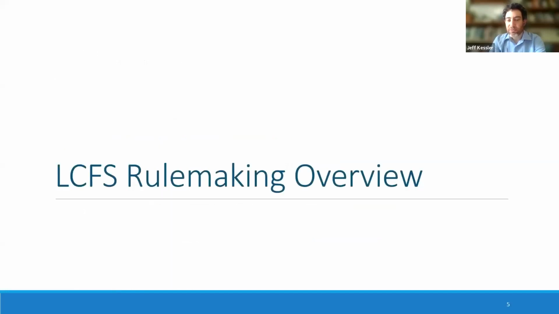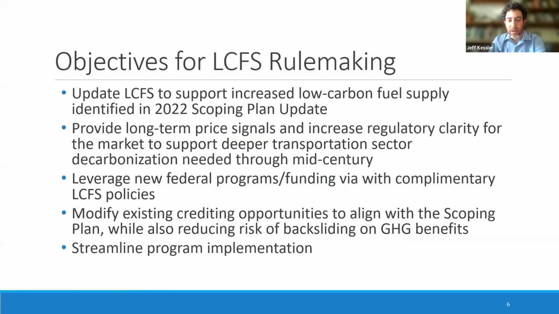The next several slides will provide details relating to the LCFS rulemaking process and where the workshop fits in. So the LCFS rulemaking process is the first major greenhouse gas regulation that we'll be bringing to the board since finalizing the 2022 scoping plan update.